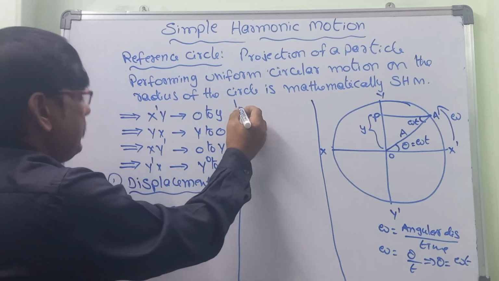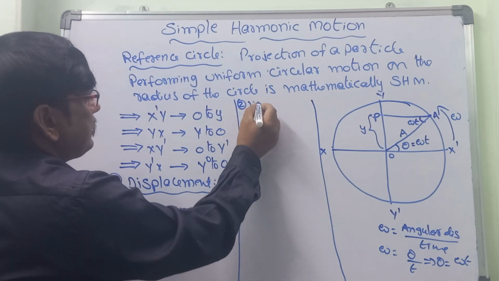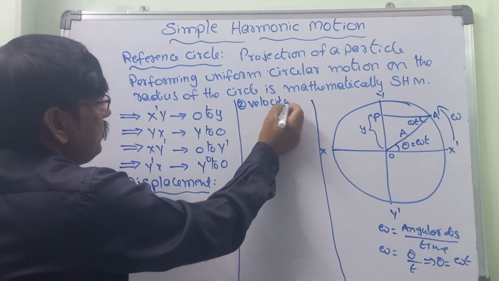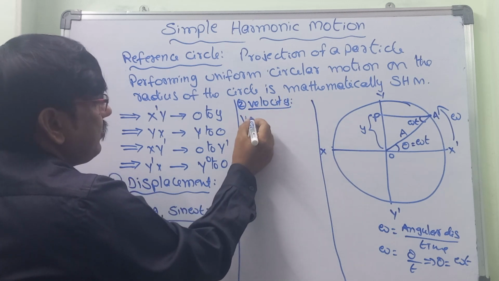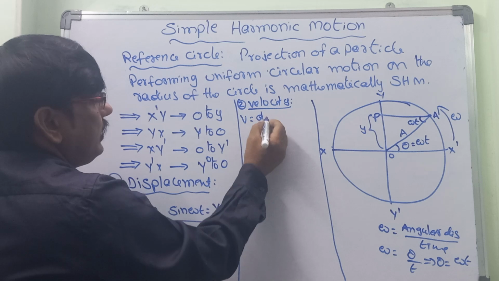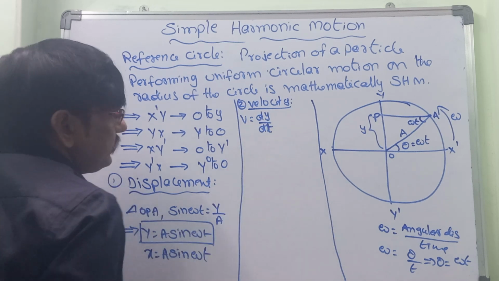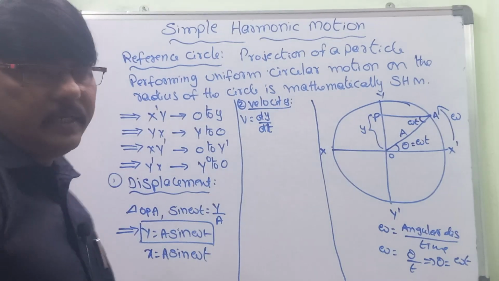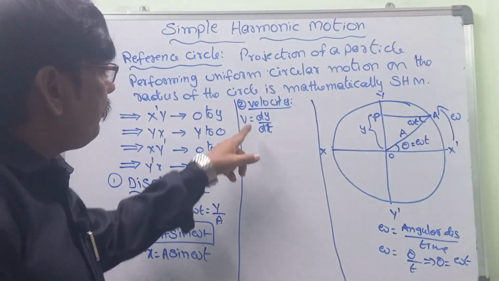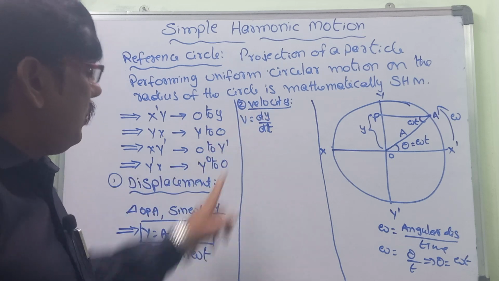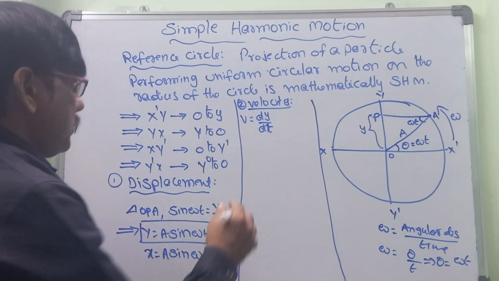After completing the displacement, now let us see the next one, which is velocity. What is velocity? The rate of change of displacement is called velocity. So we have to differentiate the displacement y.